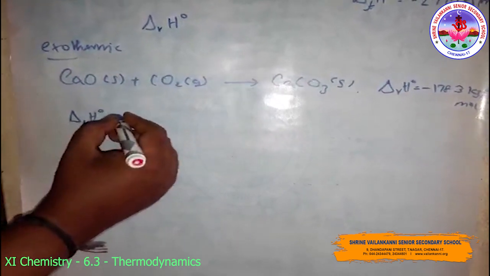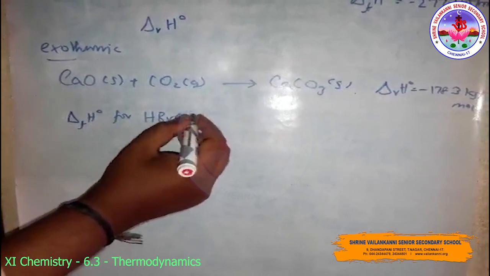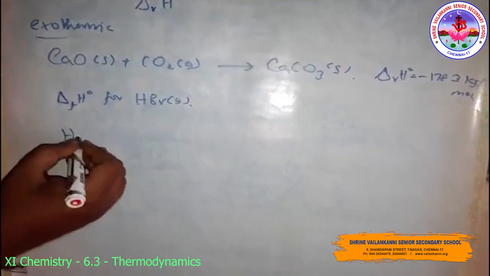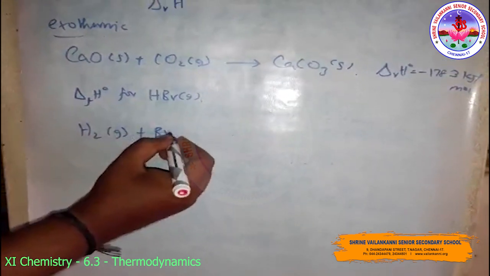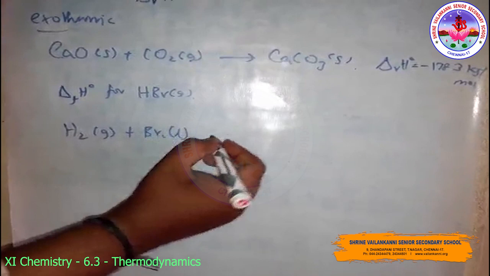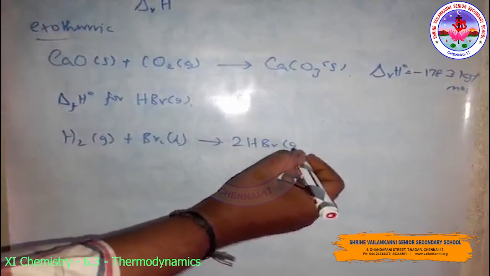So for this reaction, the enthalpy change is not a standard enthalpy of formation. Now the standard enthalpy of formation for hydrogen bromide gas. Look at this reaction. Hydrogen gas reacts with liquid bromine to form 2 moles of hydrogen bromide gas.